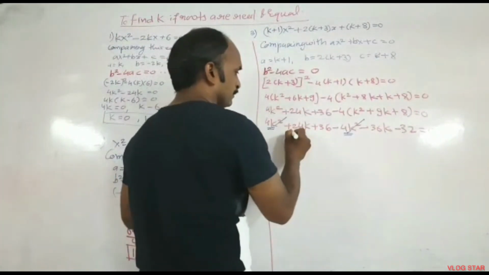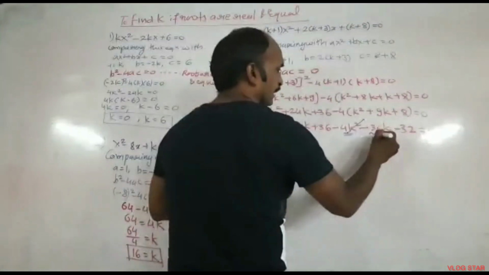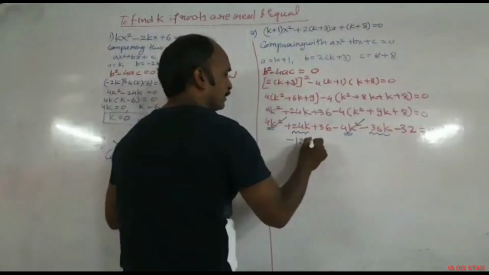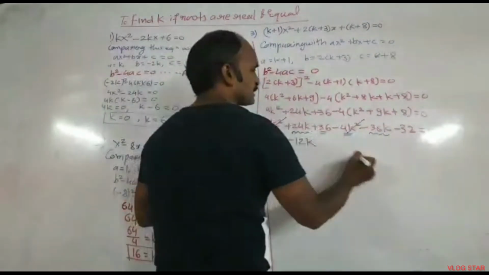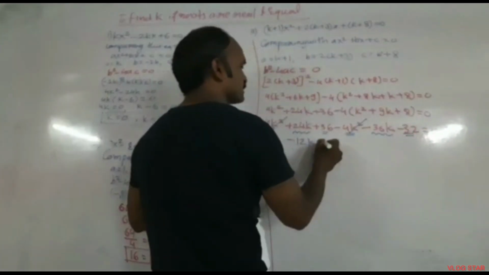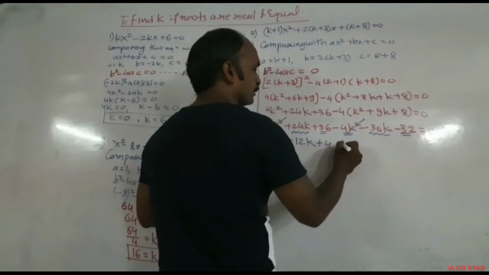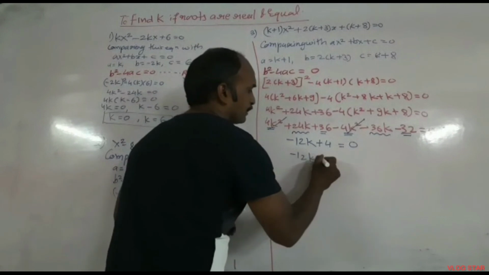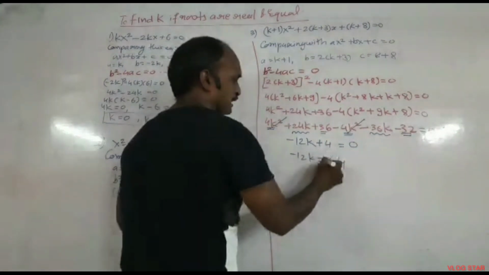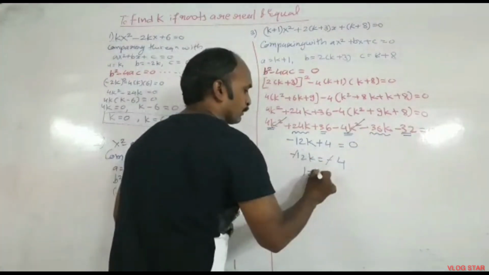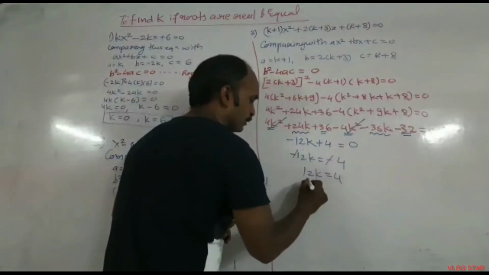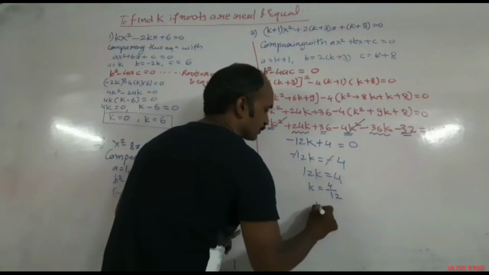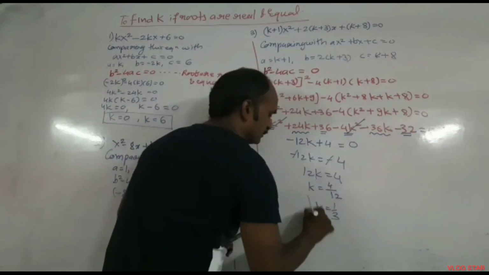Then 24k and 36k. 24 minus 36 is minus 12k. Then 36 minus 32 is plus 4 is equal to 0. So minus 12k is equal to minus 4, minus minus cancel. 12k is equal to 4. So k is equal to 4 by 12. So k is equal to 1 by 3.